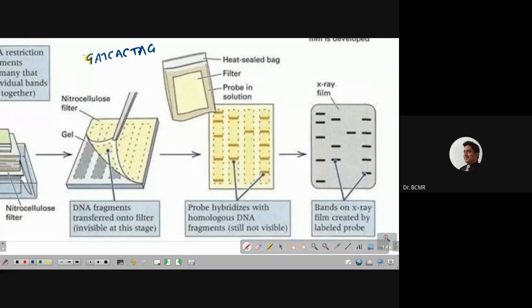I want to know if there is a sequence like this in the DNA sample or not. My objective, I'm restating it. How can I figure that out? I can use hybridization. If you remember hybridization, we have discussed it, where we denature and anneal. We add a complementary strand, a complementary sequence, to it.